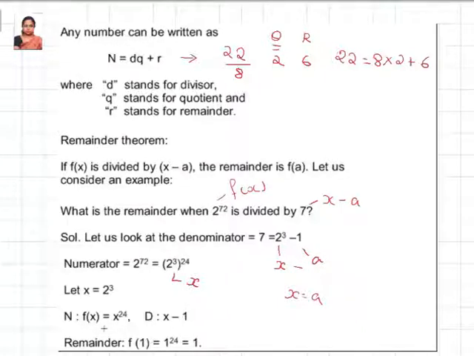So f of 1, when you substitute 1 instead of x in 2 power 3 whole to the power 24, is going to be 1 power 24, which is nothing but 1. That is what is mentioned here. Okay, the next.